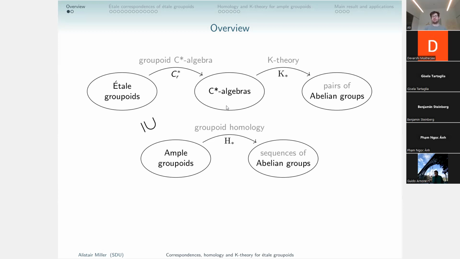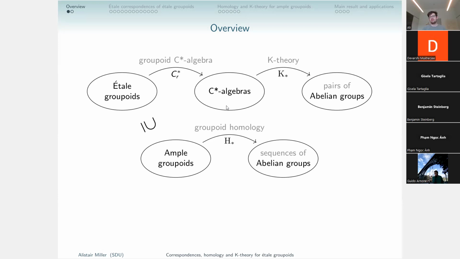So people look at ample groupoids, which are étale groupoids where the space involved is totally disconnected, so it's zero-dimensional. It's the easiest possible in the geometric direction. And then it's much easier to talk about algebraic things with respect to the ample groupoids.